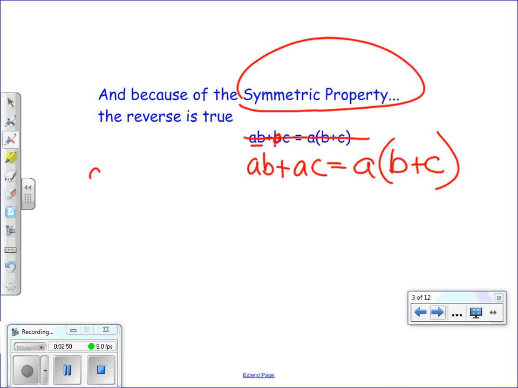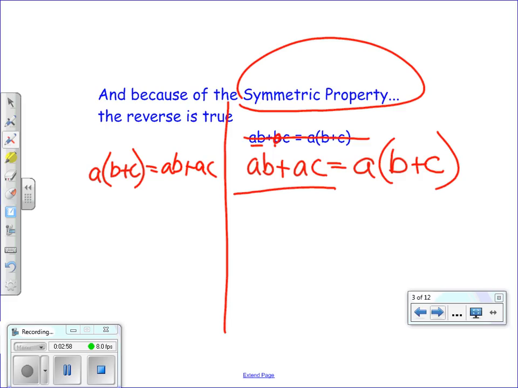Before we had said if you had A(B + C), that's the same as AB plus AC. Now we're saying AB plus AC is the same as A times (B + C).